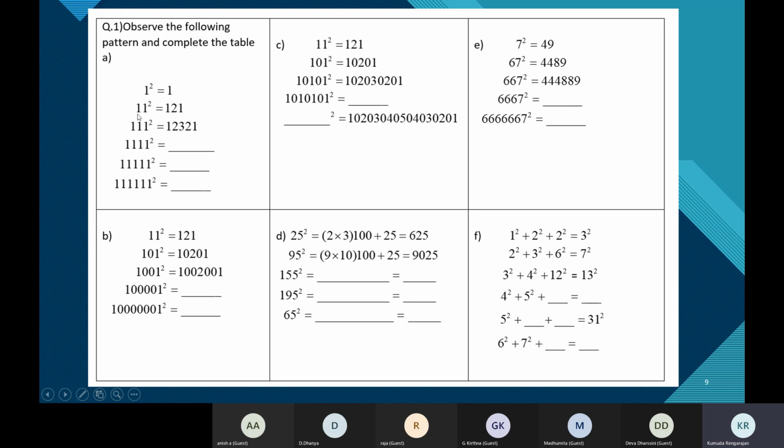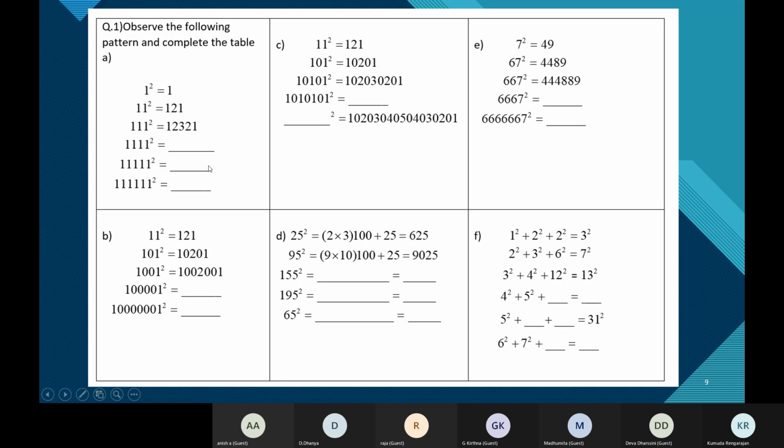See here, this is 1, 2. So 1, 2 completed to become a palindromic number. You'll have to add 1 there. 1, 2, 3, 2, 1. So it's the same when you read it forward and backward. Similarly, 1, 2, 3, 4, 3, 2, 1.